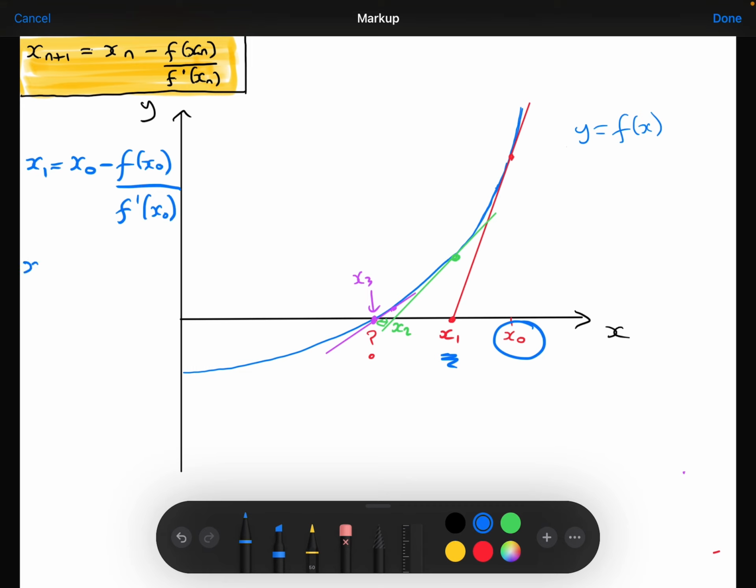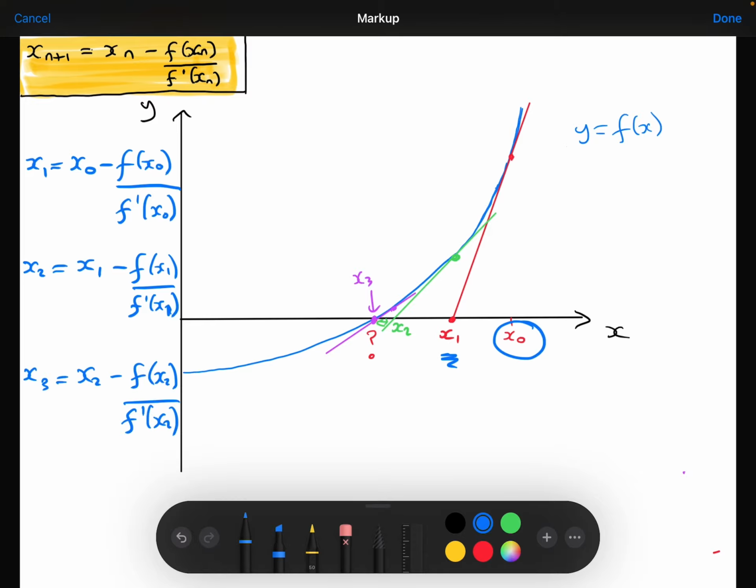And then to get the next approximation, I draw a tangent at x1 and then find out where that tangent intersects on the x-axis again to give me my approximation for x2. And so on. Again, to get my third approximation, I draw a tangent at x2 and find out where that tangent intersects on the x-axis. So that is the formula for Newton-Raphson, and that is how it works and how it gives us a good approximation for roots.